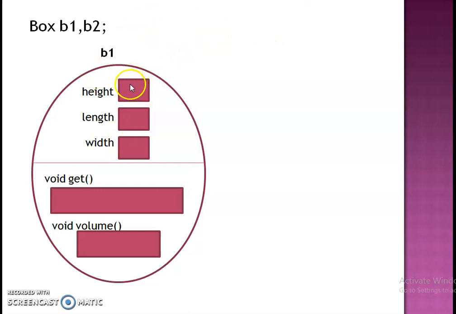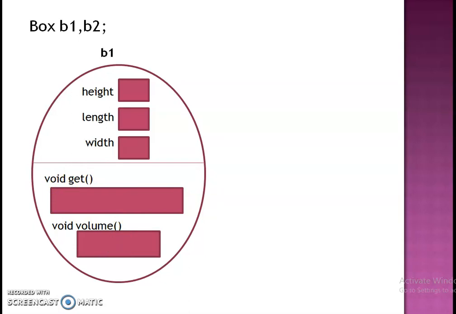The Box class contains 3 private data members, height, length, and width, and memory is allocated for those. It also has 2 public member functions, get and volume, and memory is allocated for those methods.